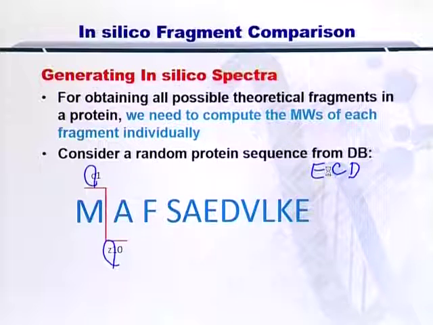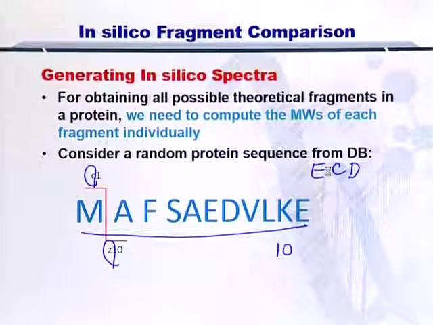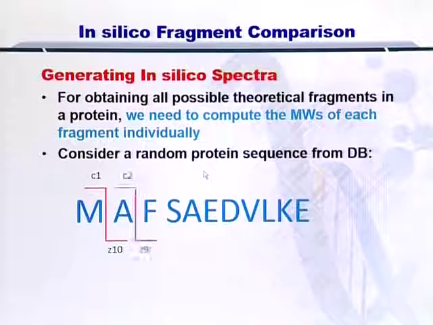So since the length of this entire protein is 10 amino acids, the first fragmentation that is shown here is going to give you C1 and Z10. Similarly, the next fragmentation will give you a C2 and a Z9 ion.